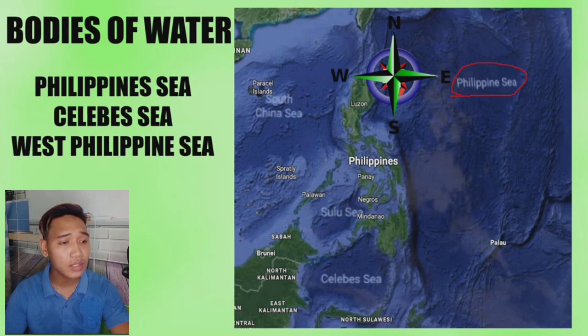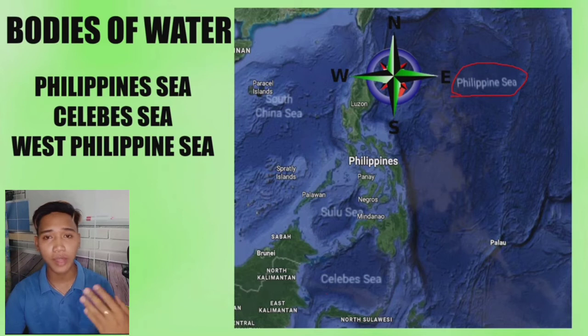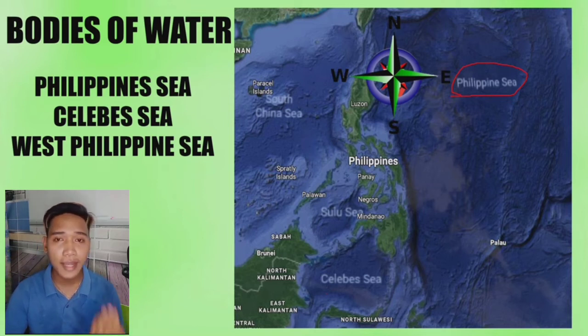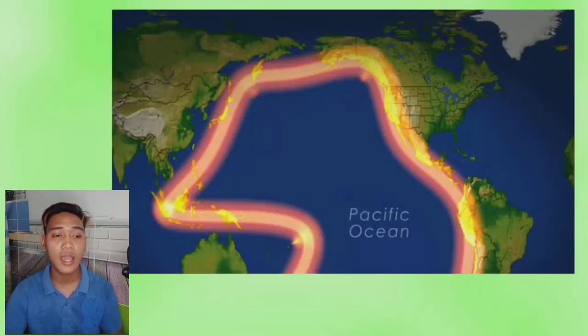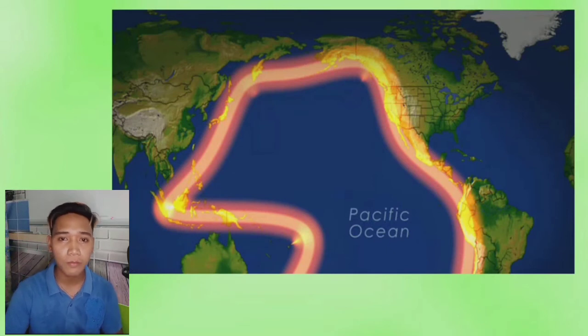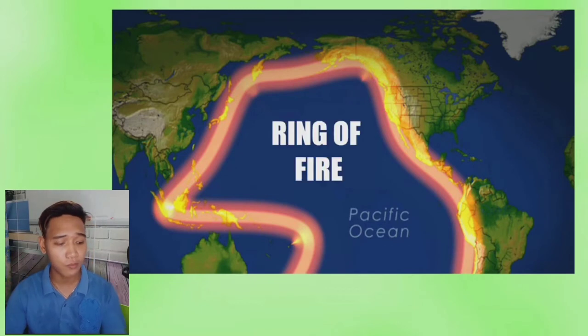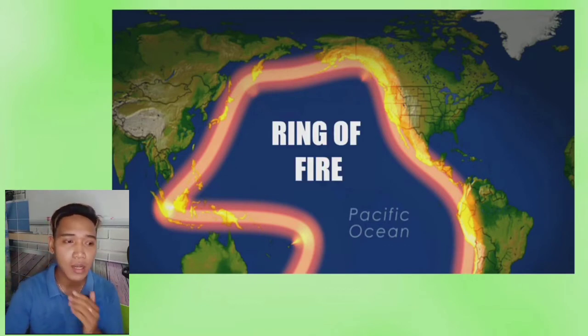Now let's take a look at the neighboring islands of our country. In this illustration, you can notice that our country's strategic location makes it a part of what? Okay, very good. It is a part of the Pacific Ring of Fire.